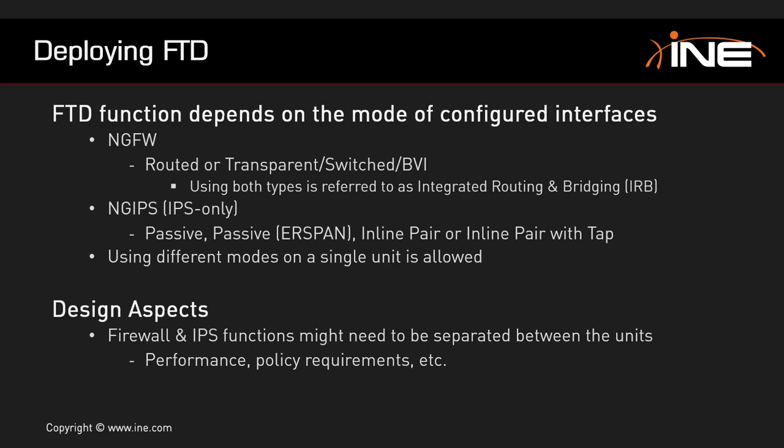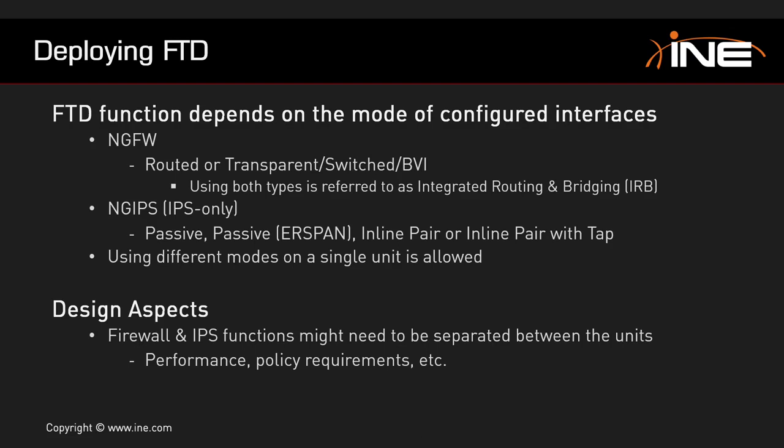It might be based on your security policy, but in most cases, it's going to be performance or just the amount of resources that we will want to use on one unit versus another for a given function. If I deploy a single FTD that will act as a firewall and IPS, it means that I have less control over resources used by one or the second function. So my IPS, in other words, could potentially starve firewall resources, leading to performance degradation.